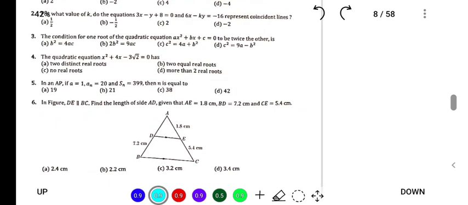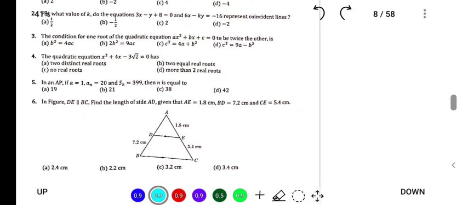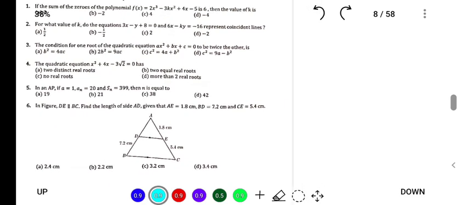Now coming to number 4. What is question number 4? The quadratic equation has distinct real roots. In this type of case, you have to find the discriminant D. You know D is equal to b square minus 4ac.